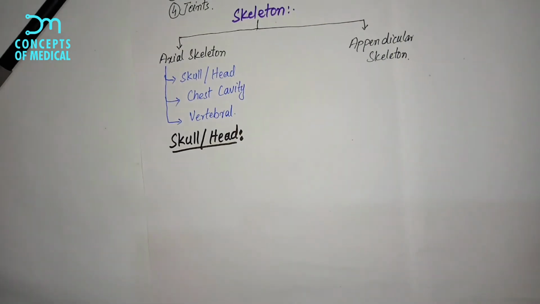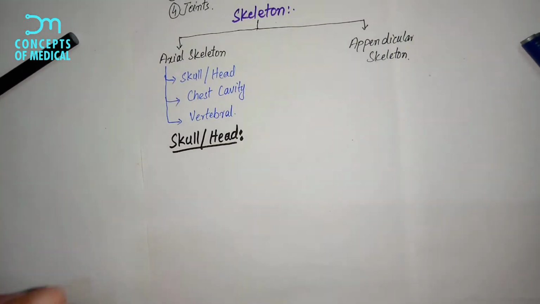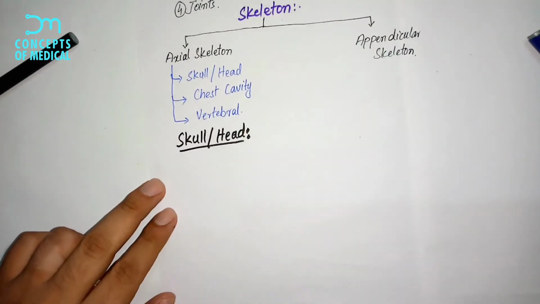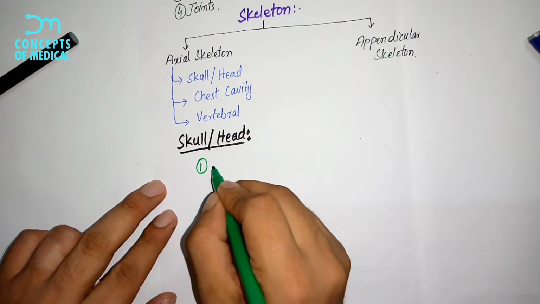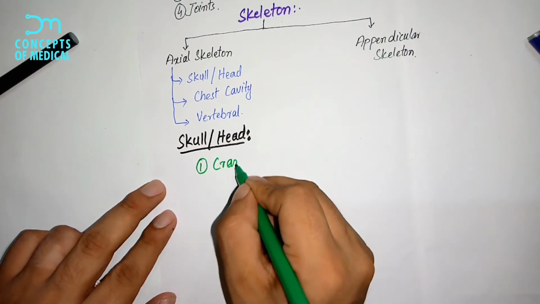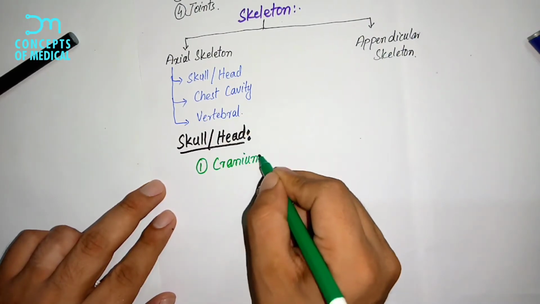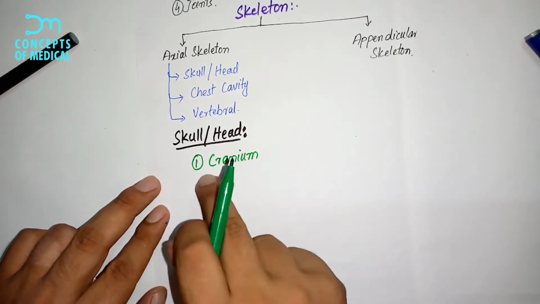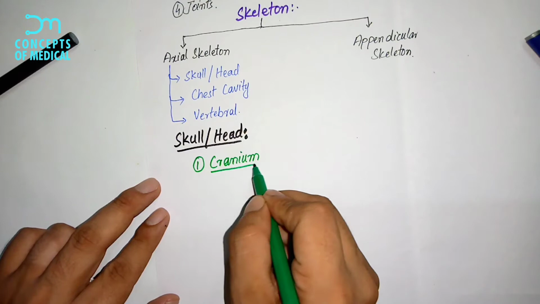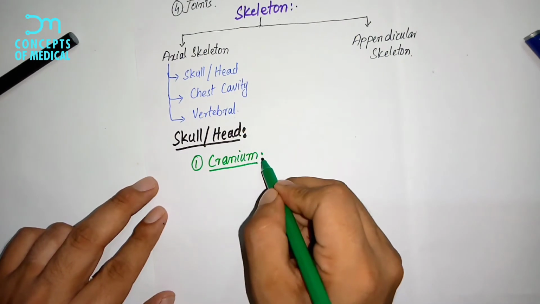Within the skull or head region, we divide it into two parts: one is the cranium and the other is the facial bone. First I'll talk about the cranium, then the facial bone.